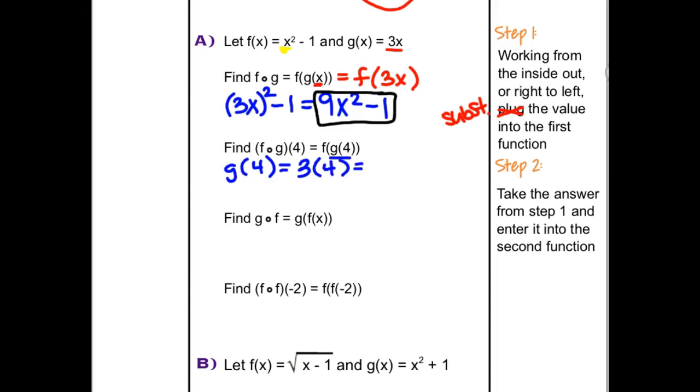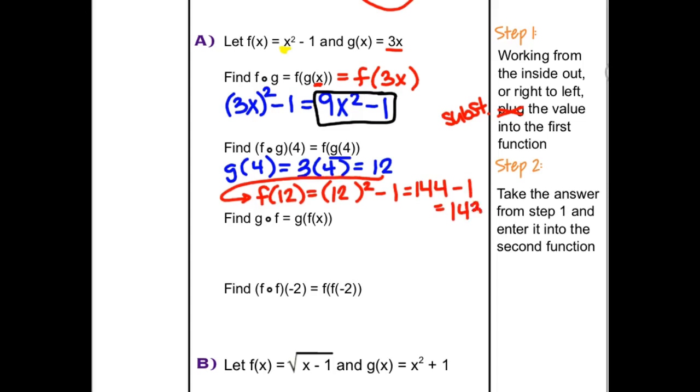So 3 times 4 is 12. Now I'm going to find f of 12, because that's what I just found. So I have x squared minus 1, but x is now 12. 12 squared is 144, minus 1, which is 143.